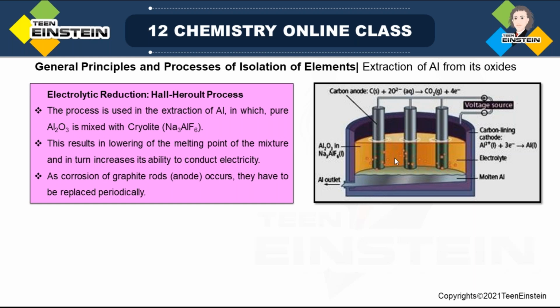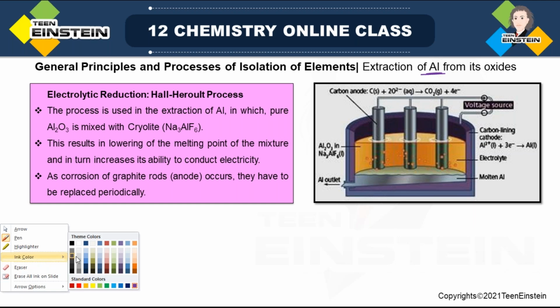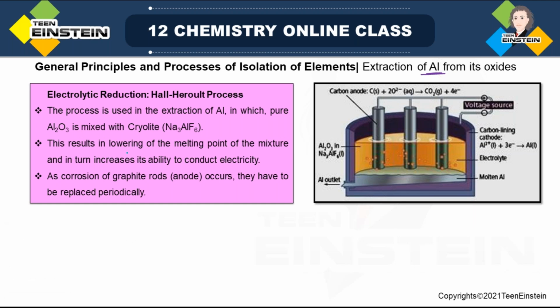So we have finished iron extraction from its oxide. The next metal is aluminium extraction from its oxide. Now here, reduction is basically the isolation step. The first step is concentration, then isolation, then purification.